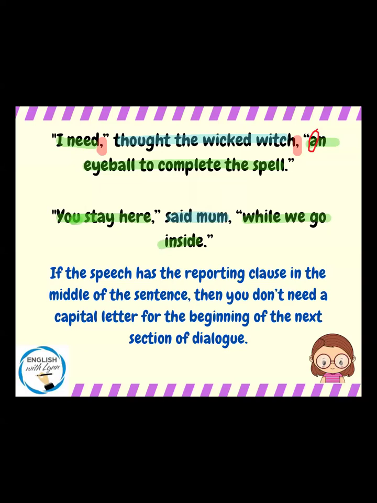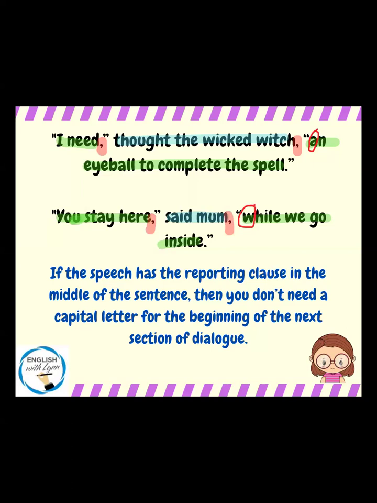So my main clause, you stay here, ends with a comma at the end of it. And then after Mum, we have the comma. And then while we go inside doesn't need the capital letter because it is the subordinate clause at the end, okay?